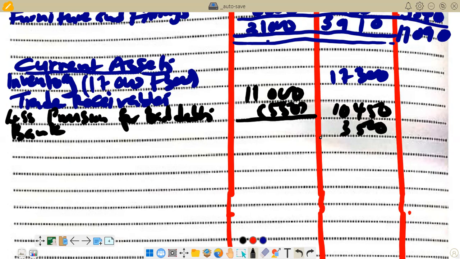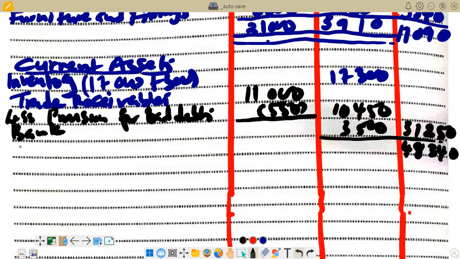Then we add the total for current assets: 17,300 plus 10,450 plus 3,500 to get 31,250. So we add this figure to the total for non-current assets, which is 17,090, plus 31,250 to get the figure for total assets here, which is 48,340.